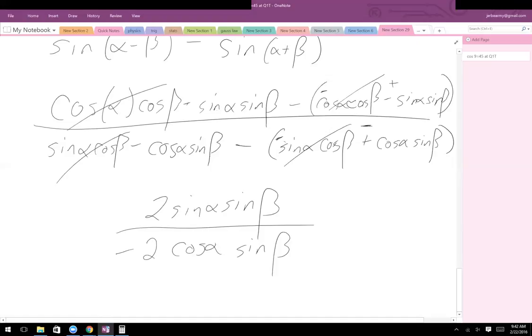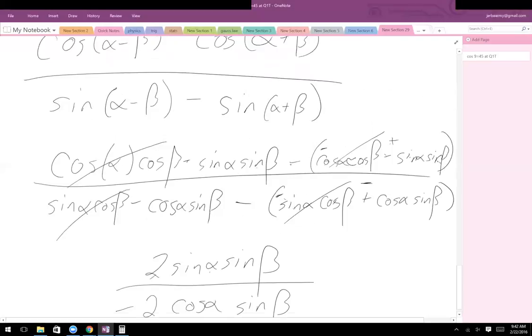So we have sine alpha sine beta minus negative sine alpha sine beta, which, minus minus makes a plus. So sine alpha sine beta plus sine alpha sine beta is 2 sine alpha sine beta. So how do we change that cosine? Because that was a cosine on top, correct?